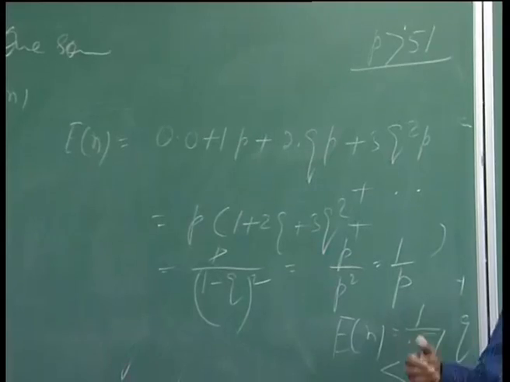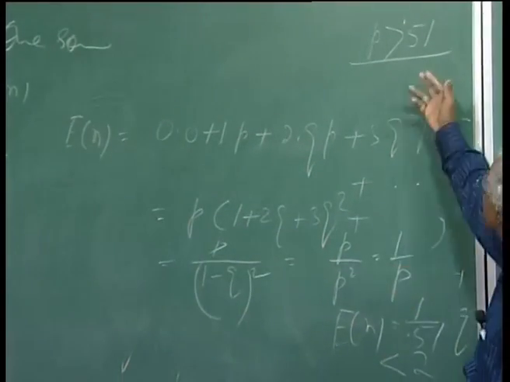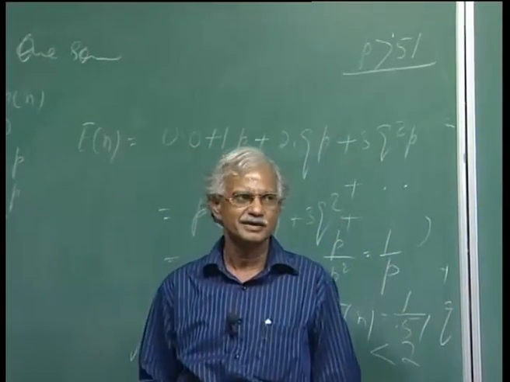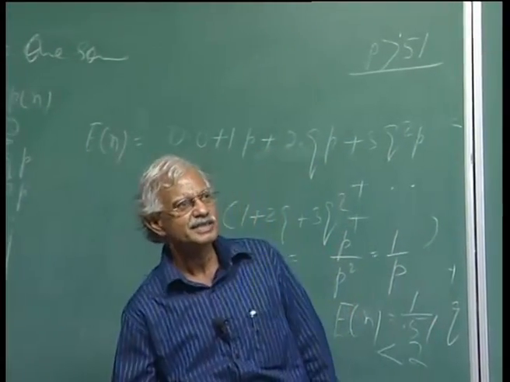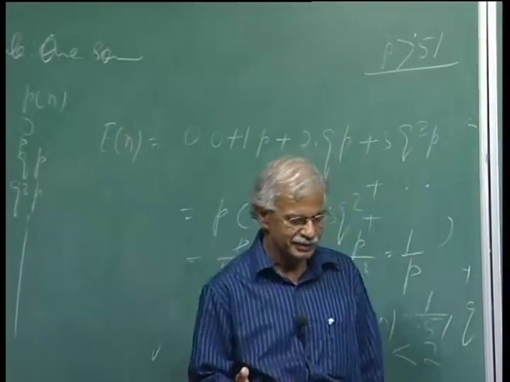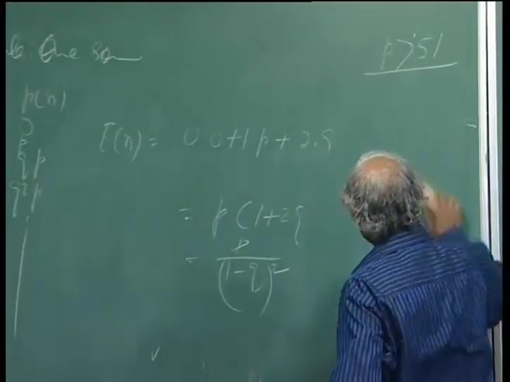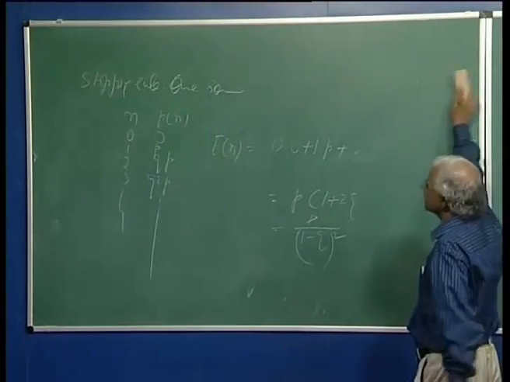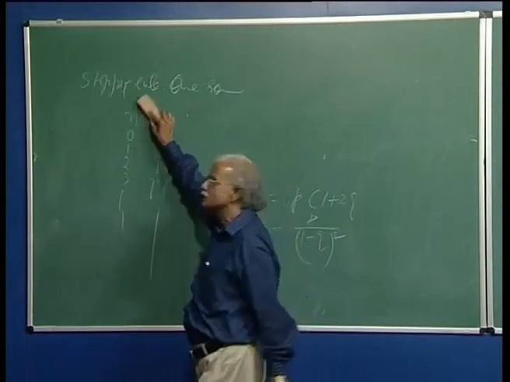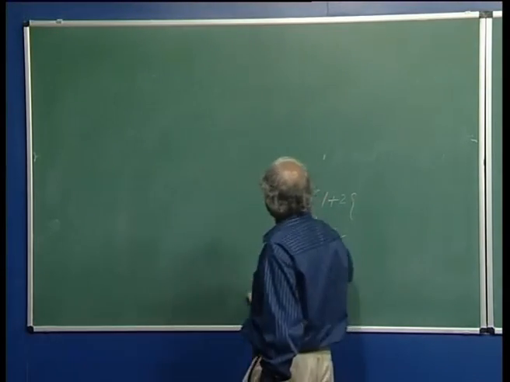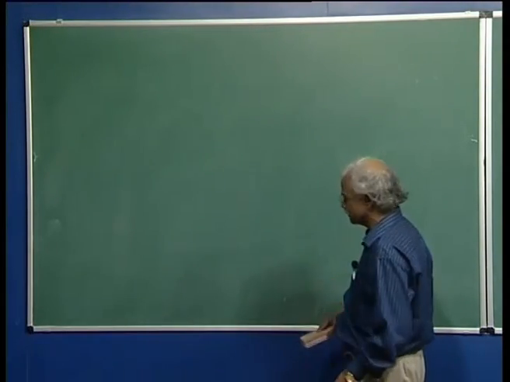So, if the probability of getting a son is more than 0.5, then the expected number of children will be less than 2. Using this kind of logic, you can also calculate what will be the sex ratio of this population. Again, depending on what kind of mathematical assumptions you make, sometimes you can get varying values of sex ratio for this population.